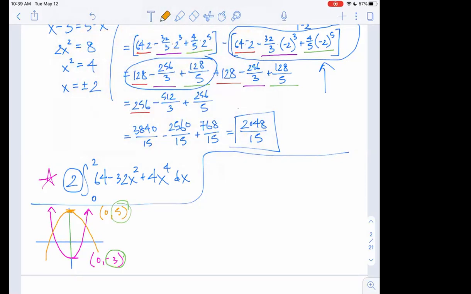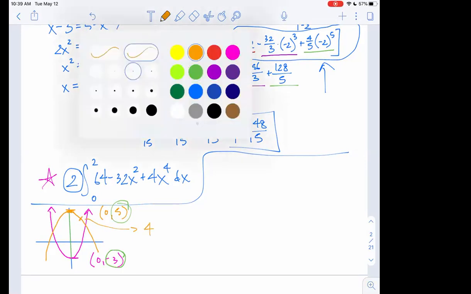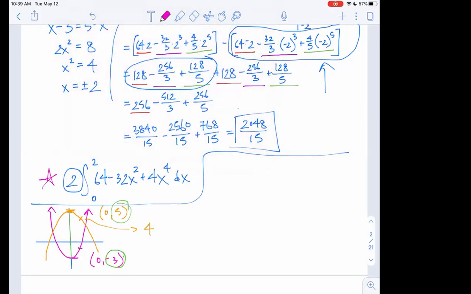Let's say that this point had a y value of 4, and the point on the pink parabola directly underneath that had a y value of -1. How far apart are those 2 points? 5. And you can get that by doing 4 plus 1, or you can think about it as 4 minus -1.